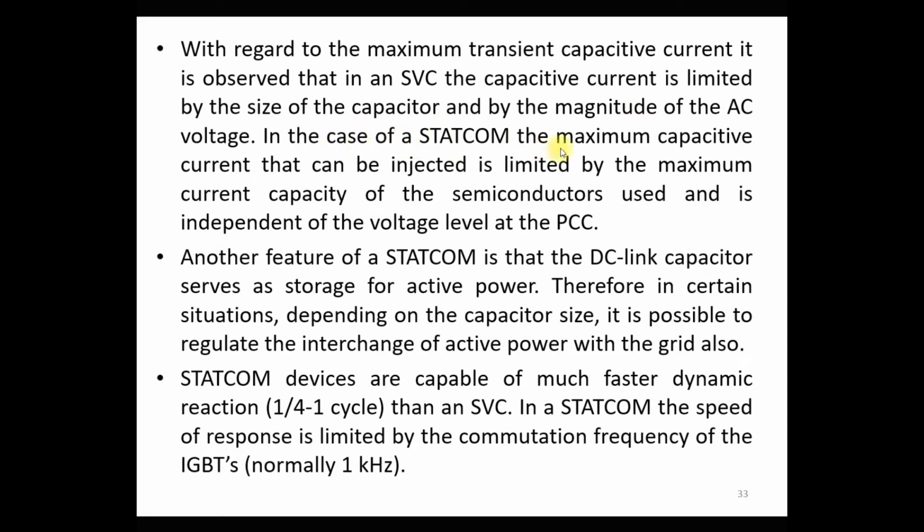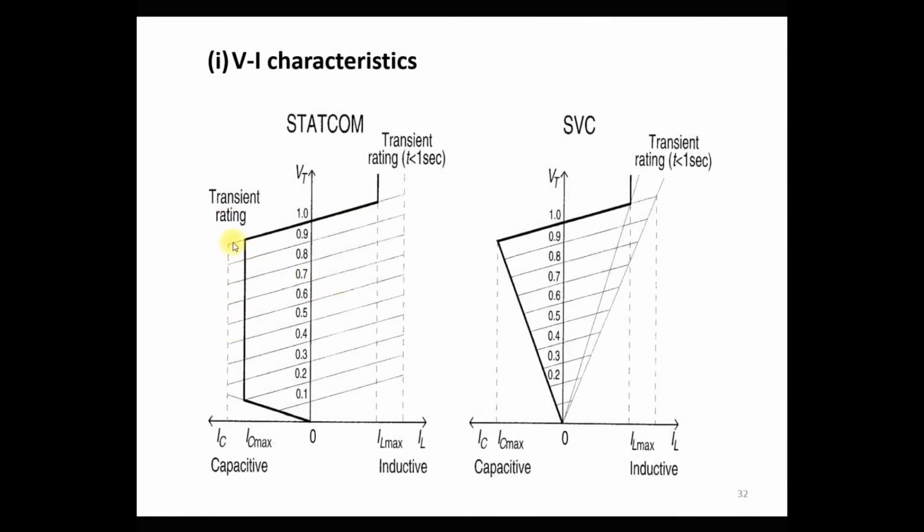In the case of the STATCOM, the maximum capacitive current that can be injected is limited by the maximum current capacity of the semiconductor devices. As we know, in the STATCOM we use IGBT or GTO based semiconductor devices. So the maximum capacitive current injected by the STATCOM depends upon the rating of the semiconductor device.